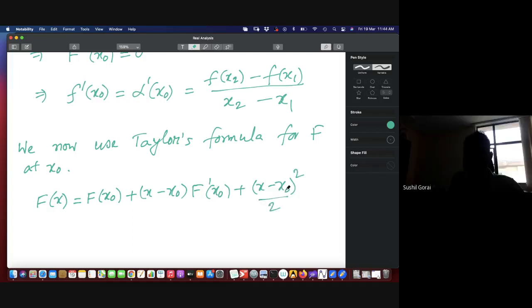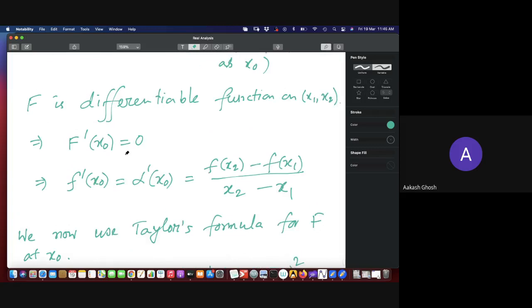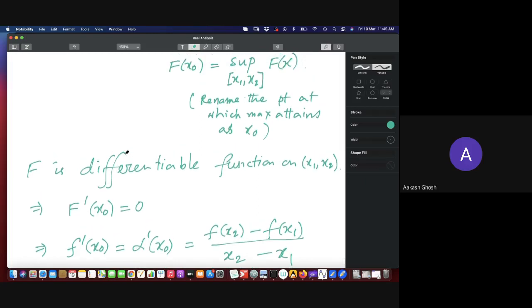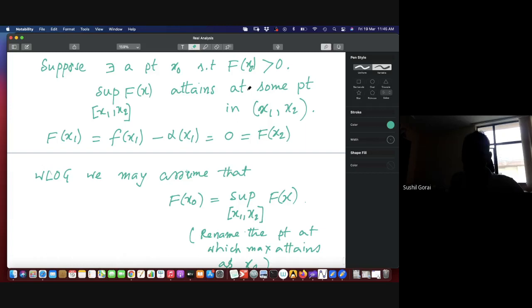Excuse me, sir. When we take f dash x naught to be 0, we do it for a local maxima or local minima. But if x naught is one of the endpoints, then it is not necessary to be 0, right? True. But you see, it attains the maximum at some point in the open interval.